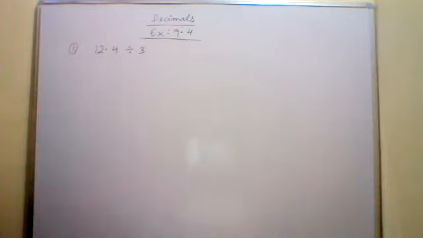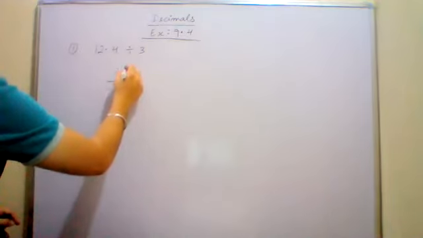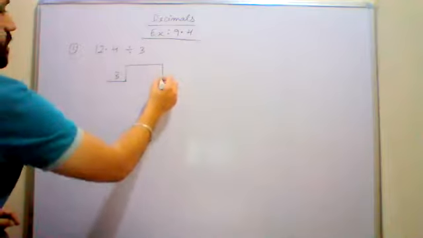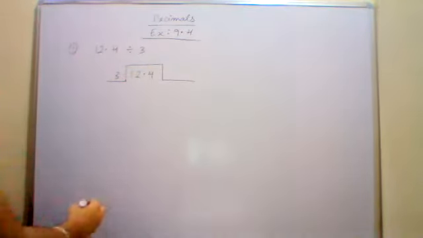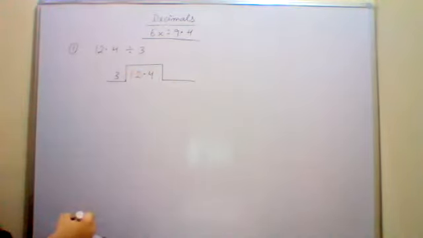Now, how to divide a decimal number by a whole number? 3 is your divisor and 12.4 is your dividend. It is very easy to divide a decimal number by a whole number.